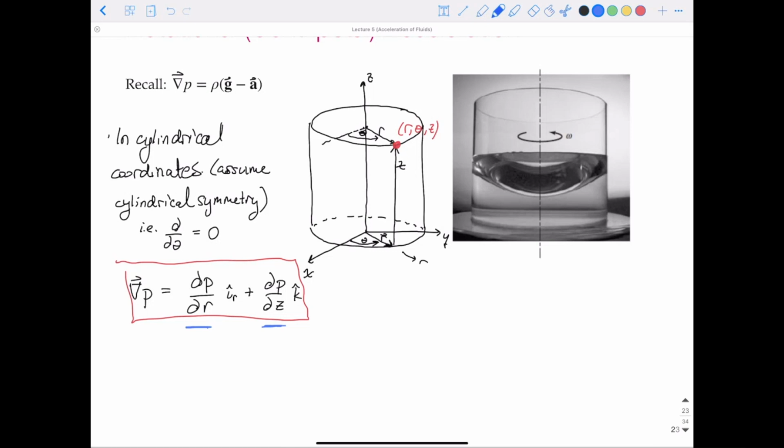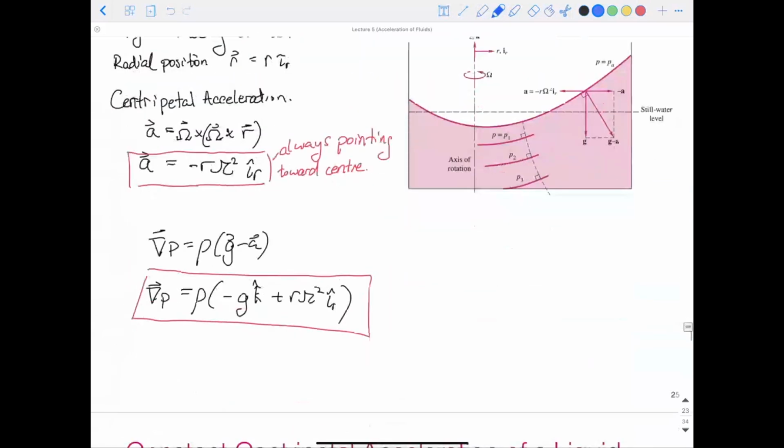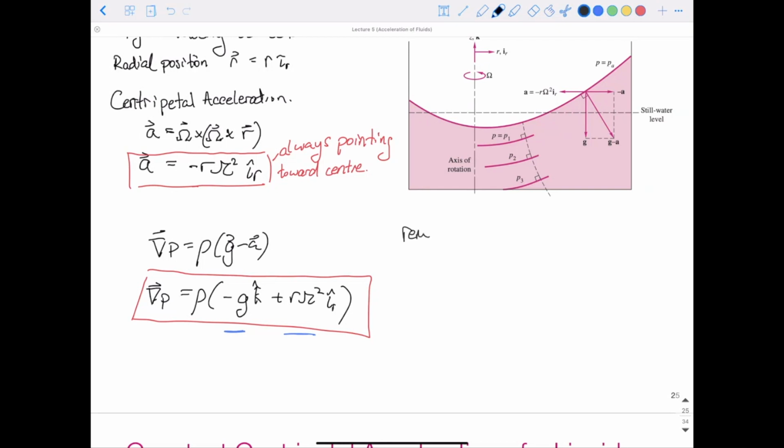So if we compare those two equations, when we go back down now, we recognize that we have this term and this term. So if we equate those two, remember, we said the gradient of the pressure was equal to dP dr i hat r plus dP dz k hat.